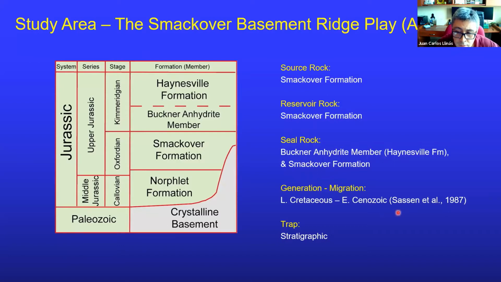According to Sassen, the generation and migration episode took place sometime between the late Cretaceous and the early Cenozoic times. The trap is stratigraphic, associated with lateral changes in facies associated with the basement paleohighs.